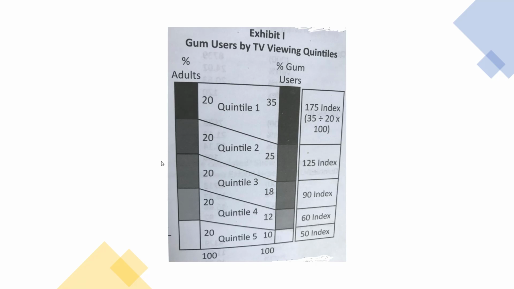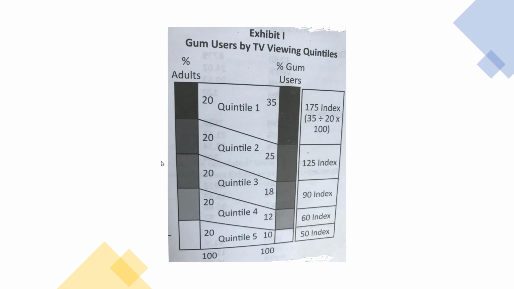So as you can see, we can use those numbers to evaluate the users of a particular type, for example gum users in this case. Let's look at the left side, which is 35%.